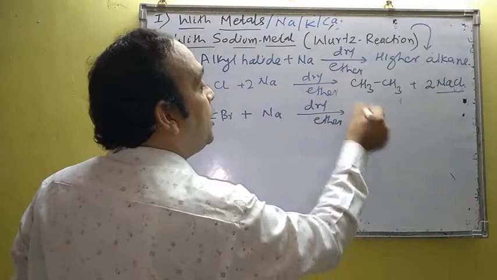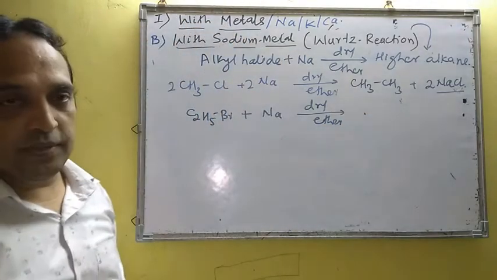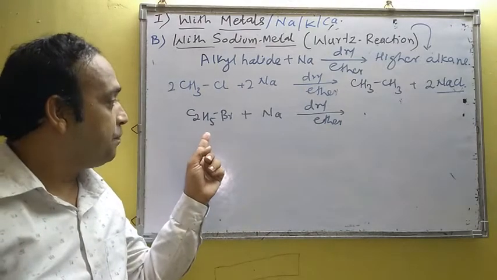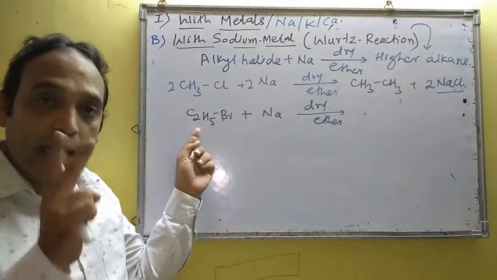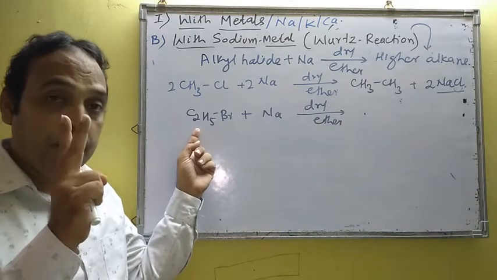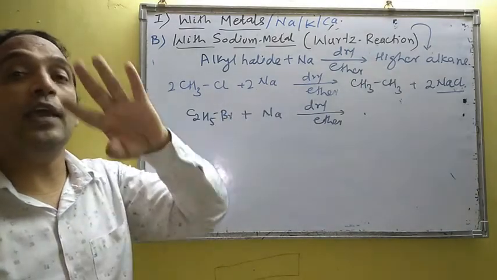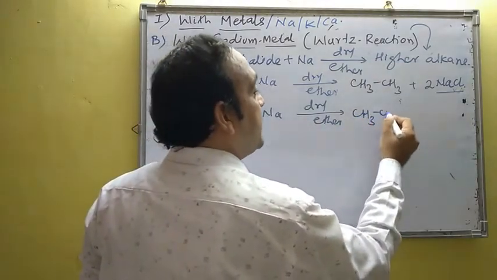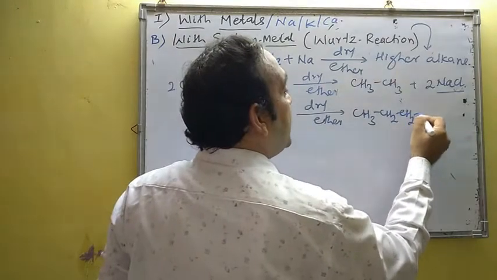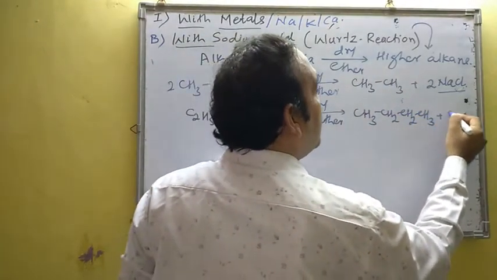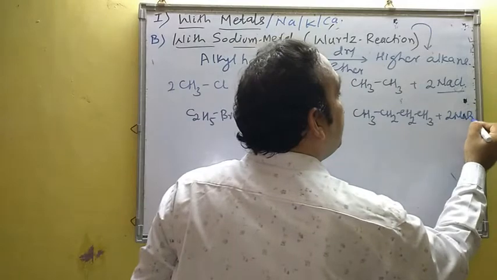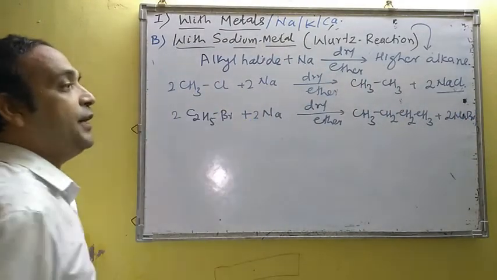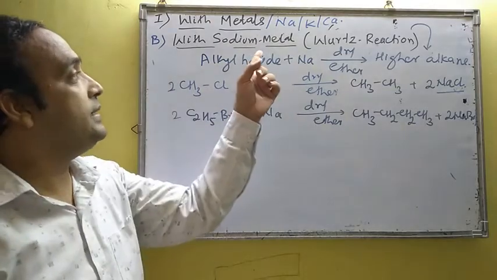Now in my product how many carbons will be there, according to the reaction? Here the alkyl bromide contains how many carbons? 2. Ethyl has how many carbons? 2. So how many carbons in my product? 4. And 4 carbons means which alkane? Butane. That is CH3CH2CH2CH3 plus 2 NaBr.